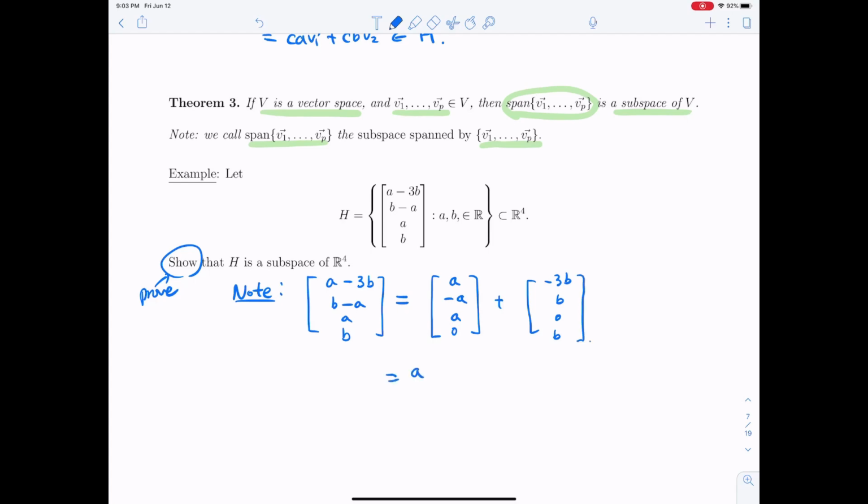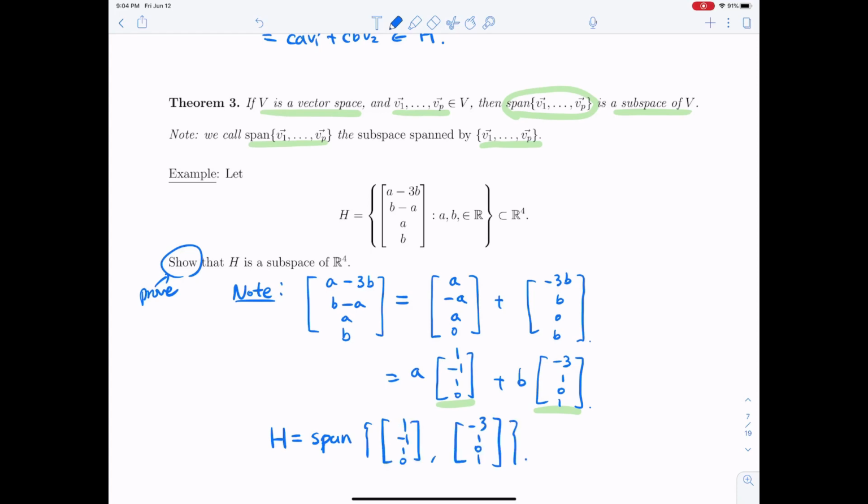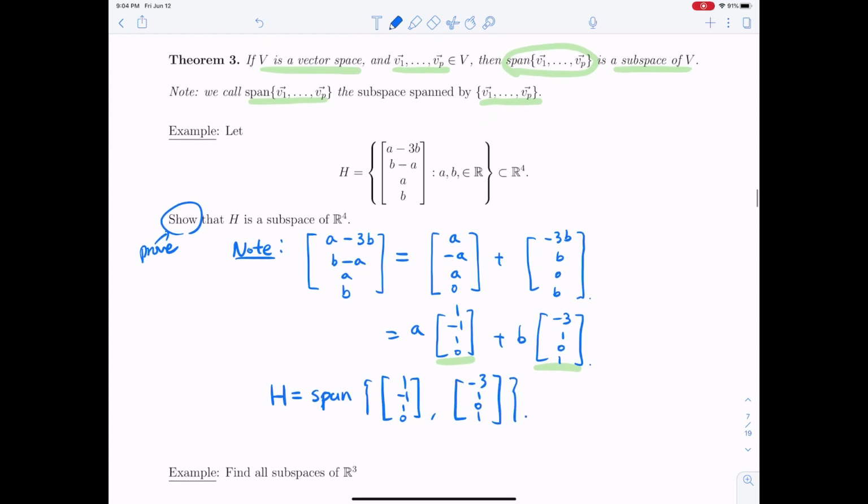Then this gives you a times (1, negative 1, 1, 0) plus b times (negative 3, 1, 0, 1). So from here, we can tell that an element of H is a linear combination of these two vectors. Or equivalently, H equals the span of these two vectors. And by Theorem 3 above, we can conclude that H is a subspace of R4.